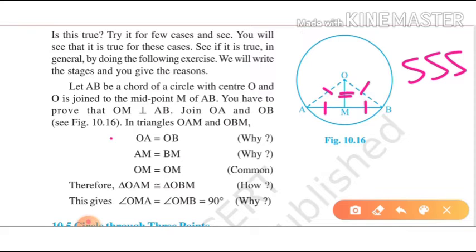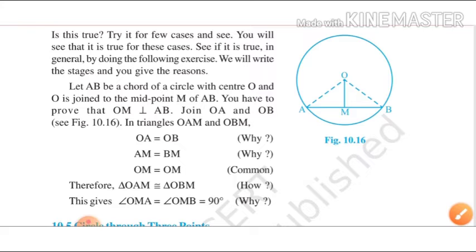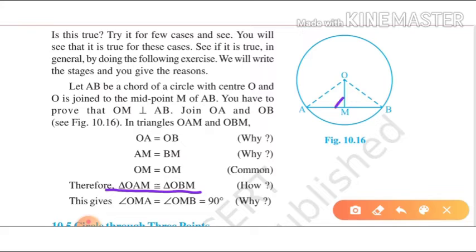See, it is given there, these three. So when they are congruent, triangles OAM and OBM have equal angles by CPCT. So this angle is equal to this angle.